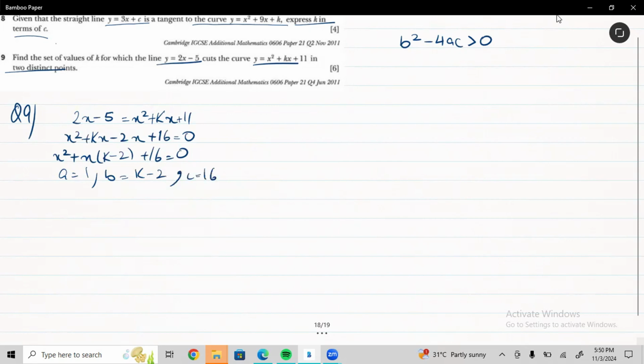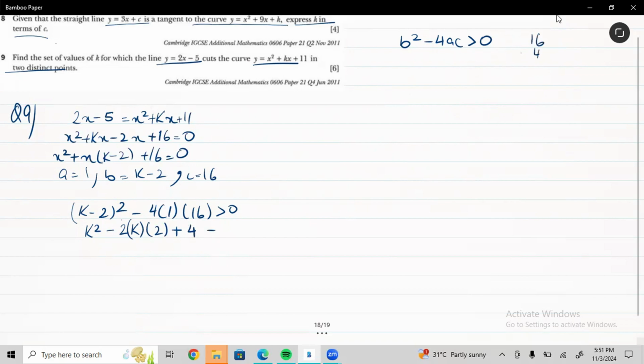Now they have told us that our discriminant is greater than 0, so b squared, which is k minus 2 whole squared, minus 4 multiplied by 1 multiplied by 16 is going to be greater than 0. So again, open this by the identity a minus b whole squared. So a squared minus 2 multiplied by a, which is k, multiplied by b, which is 2, plus b squared, which is 2 squared, which is 4, minus 16 multiplied by 4.